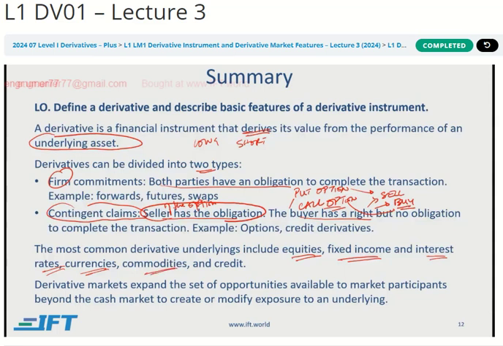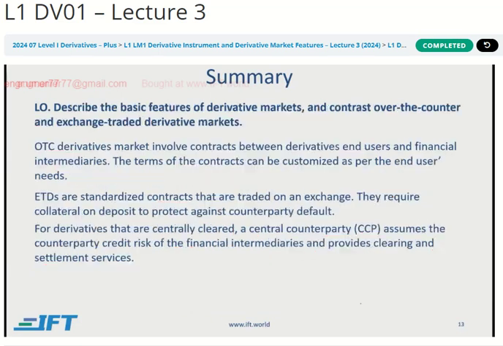You could do it for gold, oil, or if you're worried that one of your major borrowers might default, you could get into a credit default swap. And all of this expands the set of opportunities available to market participants to create or modify exposure to their underlying. Maybe they want to short sell, so if it goes down they make money. They want to diversify, so a lot of opportunities are there using derivatives.